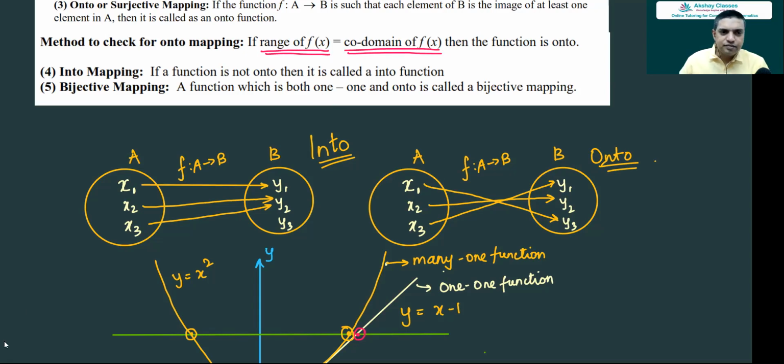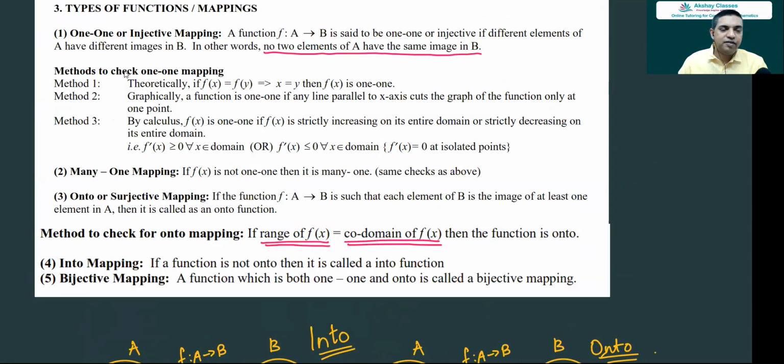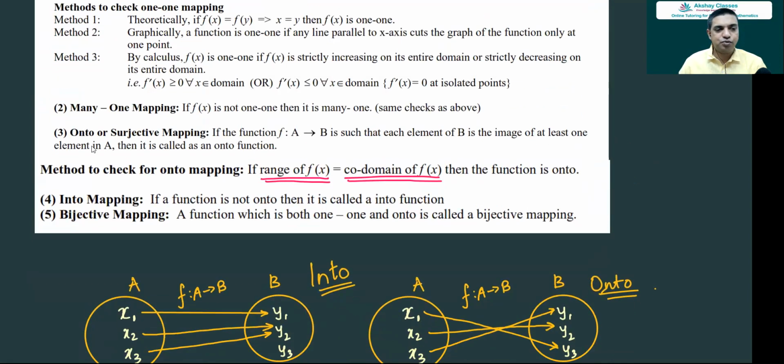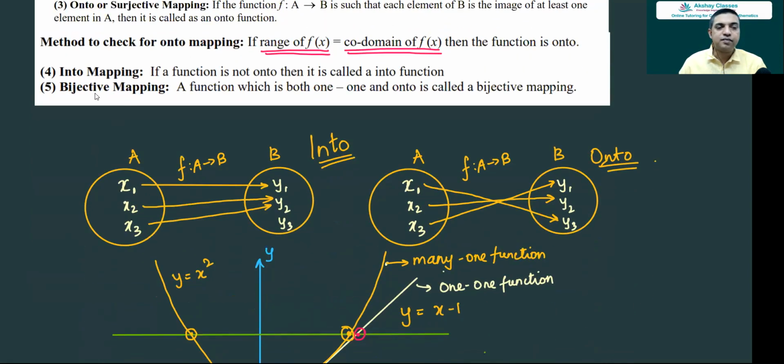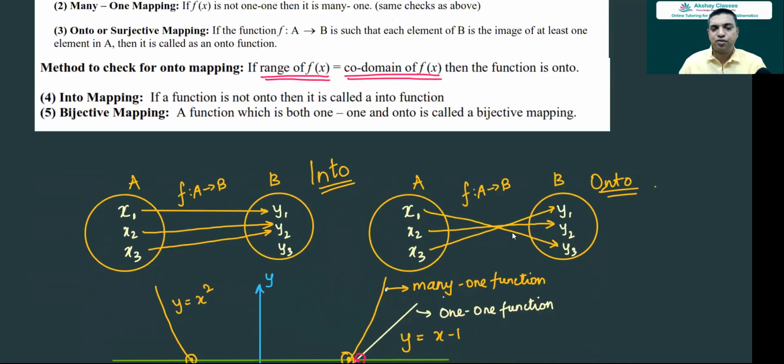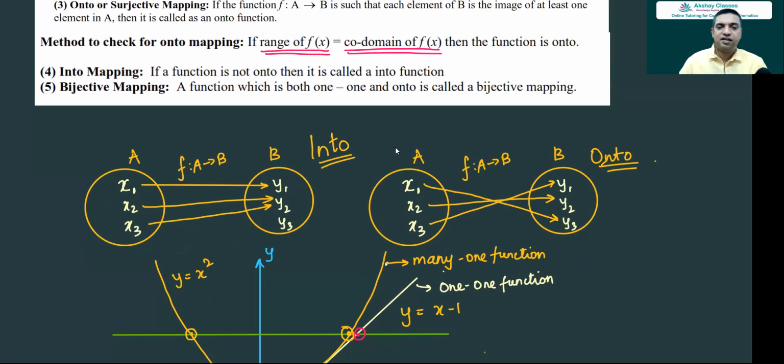Next, so we have done one-one, many one, onto, into. Then there is bijective mapping. Bijective mapping is that which is one-one and onto both. So this example that we are seeing here is both one-one and onto.